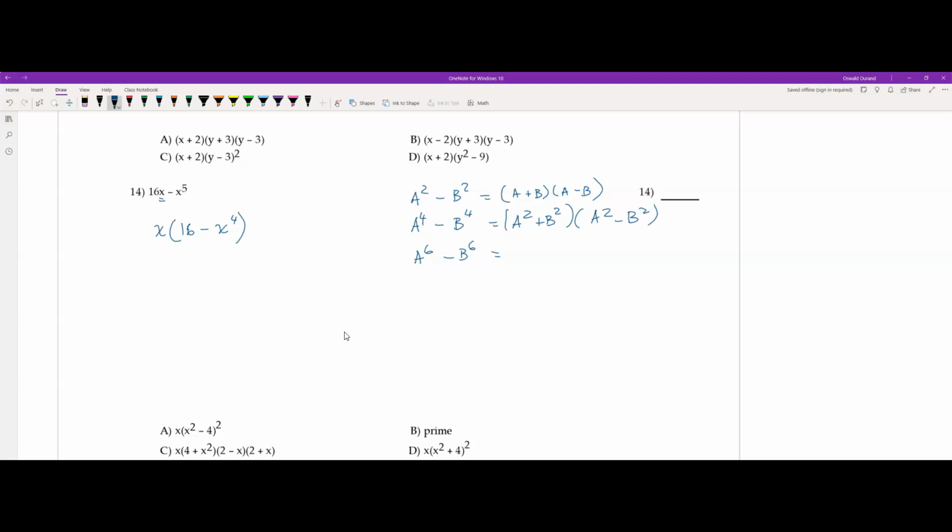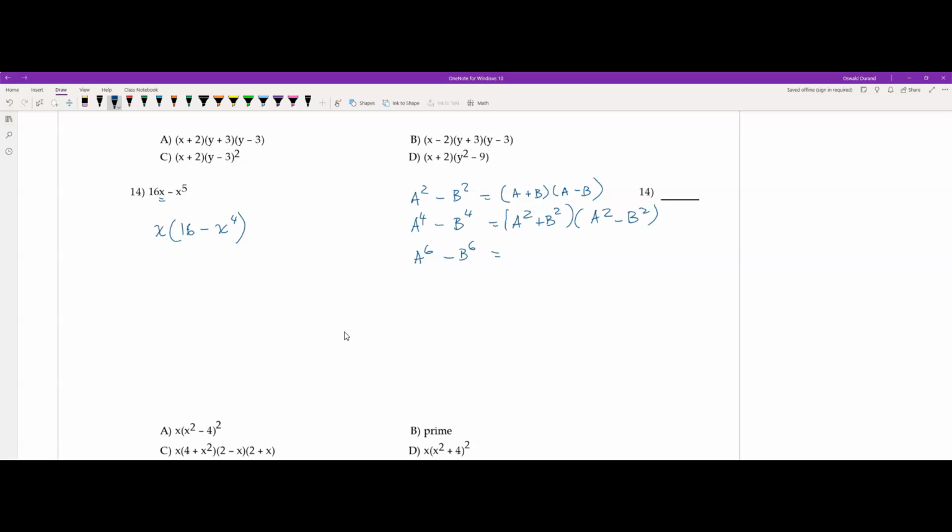Okay, so if I can do that, but now the question is, is 16 a perfect 4th power? Yes, it is. Because 16 is also a perfect square, meaning two same values that I'm going to multiply are going to be equal to 16.